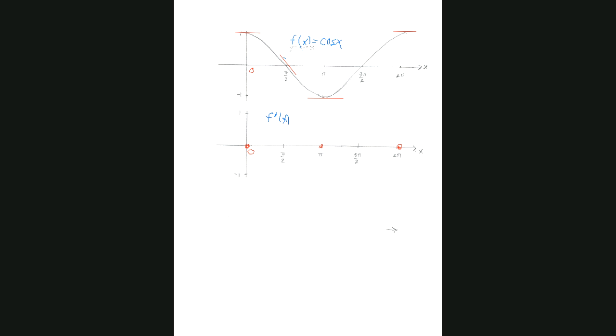And then you have the slope of this tangent line. That's going to be +1. So you're all getting, I think, the idea here.